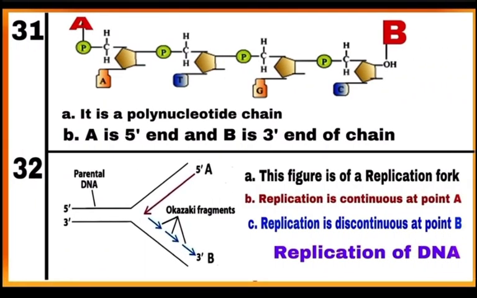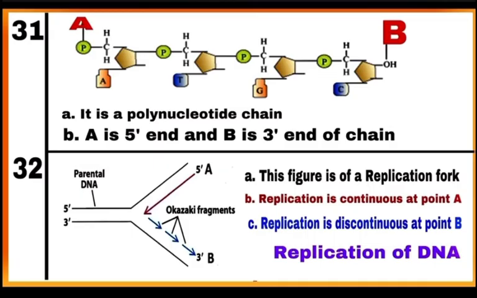31st. It is a polynucleotide chain where A is 5' end and B is 3' end of the chain. 32. This figure is of a replication fork, which is the small opening of the DNA helix.